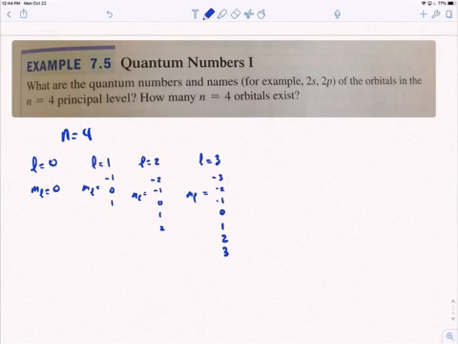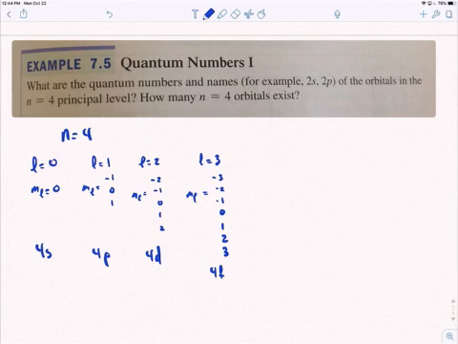Okay, so what are the names? This would be the 4s, this would be the 4p, this would be 4d, and this is 4f. And how many orbitals are there?